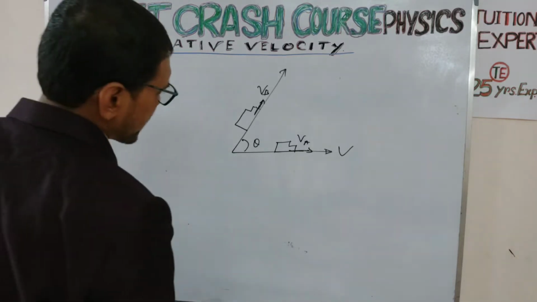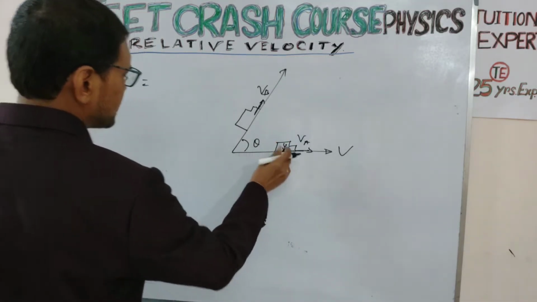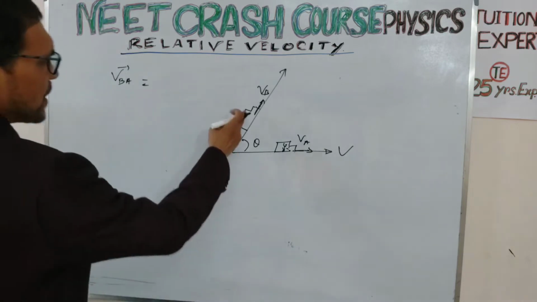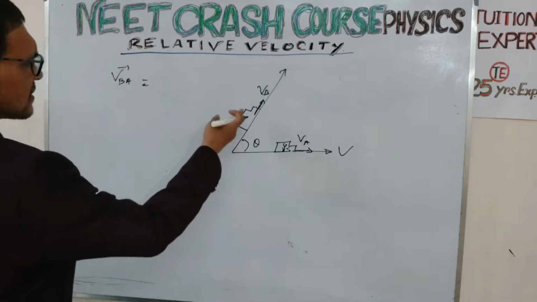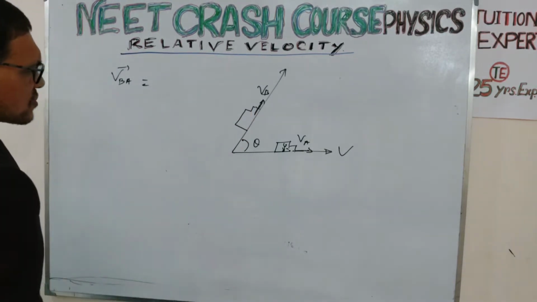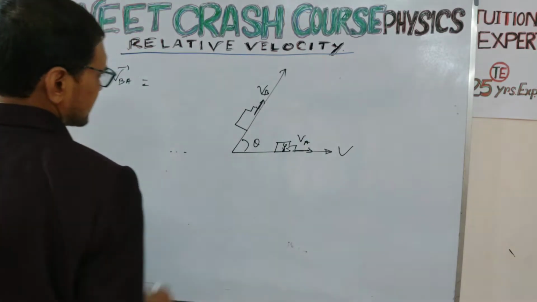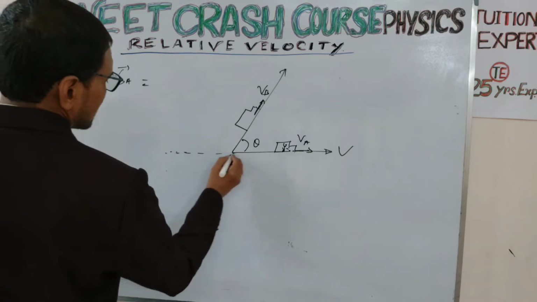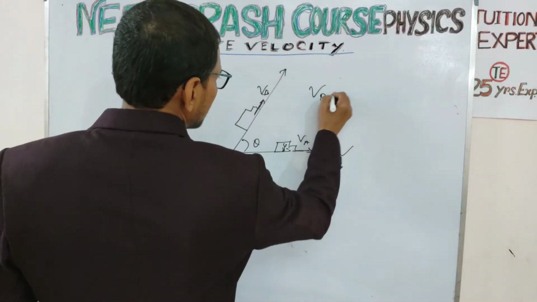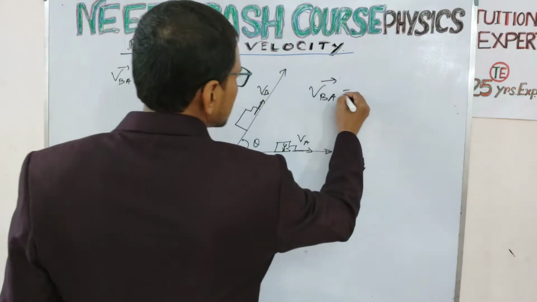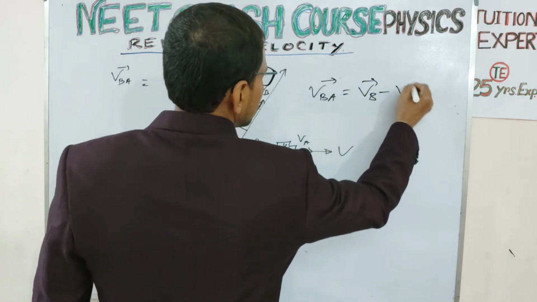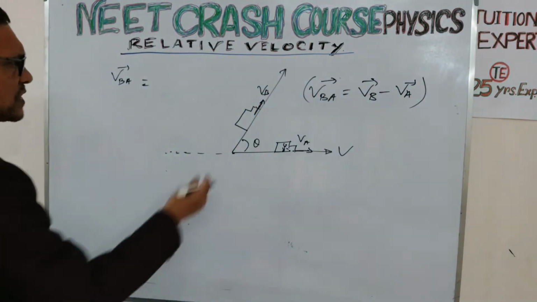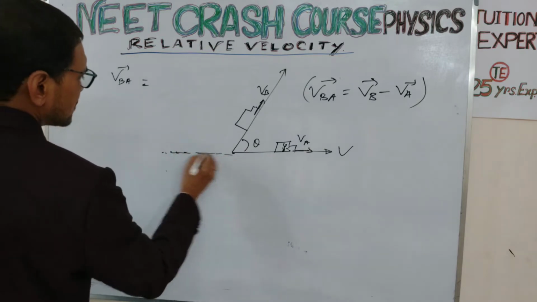That is, if a man in car A observes car B, in which direction does car B appear to the man in A? For this we have to find VBA. VBA means VB minus VA. So VB is along this direction, minus VA along this direction.